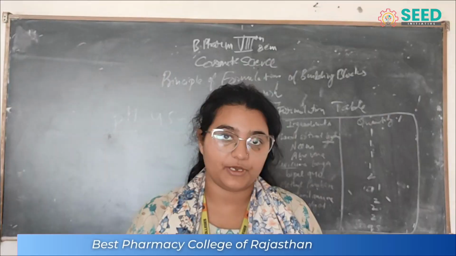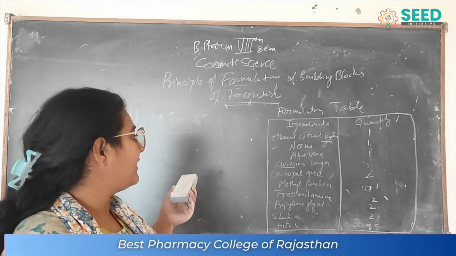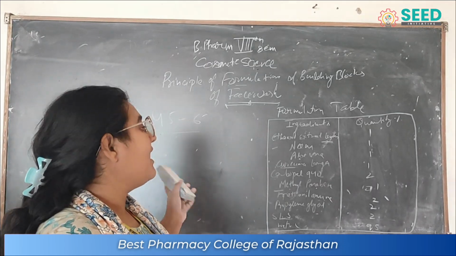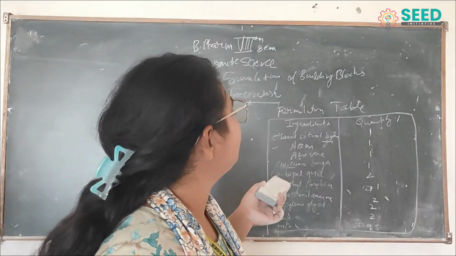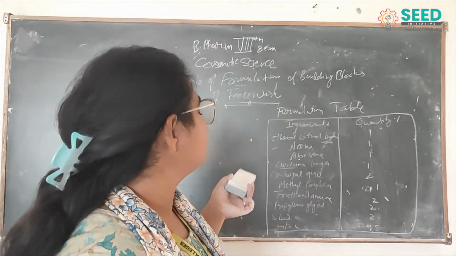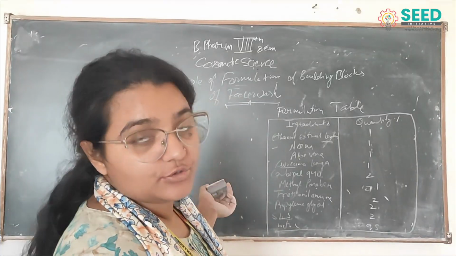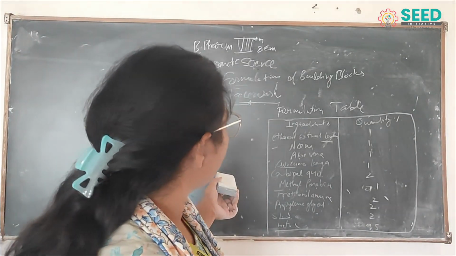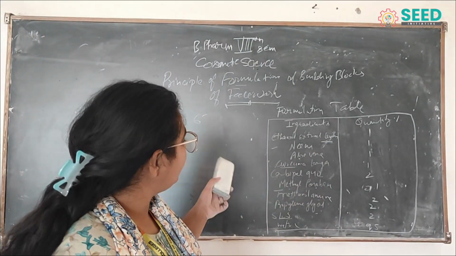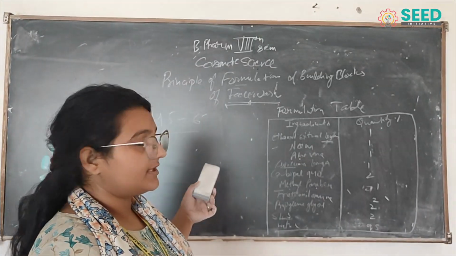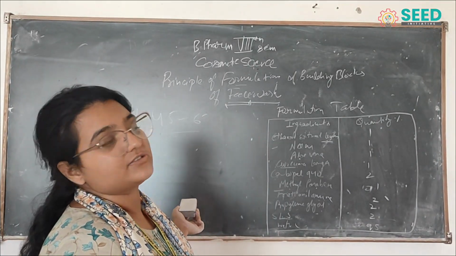When we are going to formulate, we have to know that lemon, neem, aloe vera and curcuma longa are the main active ingredients, which give antibacterial and antiseptic properties and provide antioxidants to the skin. Carbopol 940 is used as a gelling agent and suspending agent because face washes have a gelling consistency.